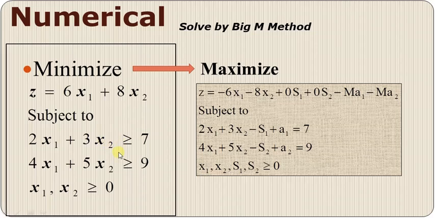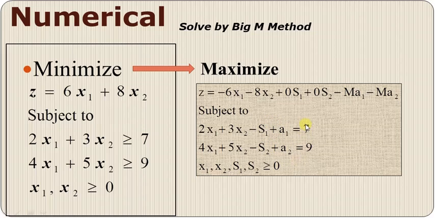Similarly, we can add in the second equation, because in the second equation also there is a greater than or equal to sign, so we can write minus s2. But for a basic feasible solution, we are adding two artificial variables in the constraint equations, which is nothing but plus a1 and plus a2.